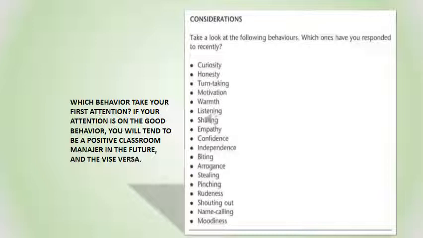You will see your students as students that need your guidance in a positive way. You maybe will become a kind and loving classroom manager, but vice versa, if you see your students in the negative behavior, then you will tend to be a negative classroom manager that will treat your students in a negative way.